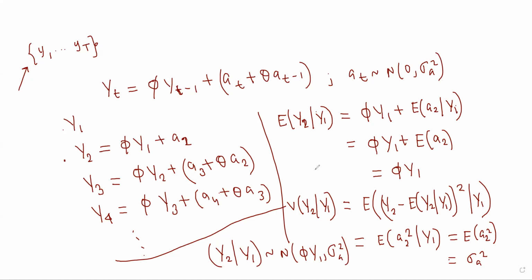Now let's try to find out for Y3 given Y1, Y2. If I ask you what is the expectation of Y3 given Y1, Y2, its past, what will that be?